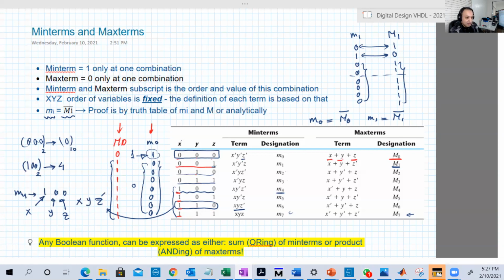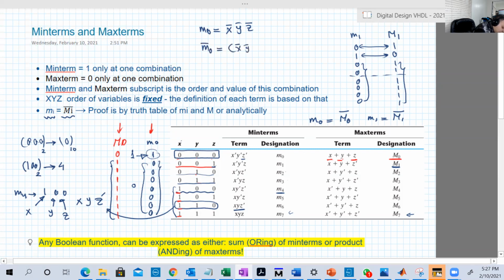Can we prove that? Yeah, that's very simple actually. Okay. So let's take M0. So M0 is equal to X prime or X bar, Y bar, Z bar. And we are saying that M0 bar, M0 complement will give you M capital 0. So let's do that. So M0 bar equal to X bar, Y bar, Z bar, and the whole is bar. You remember, guys, De Morgan's theorem.